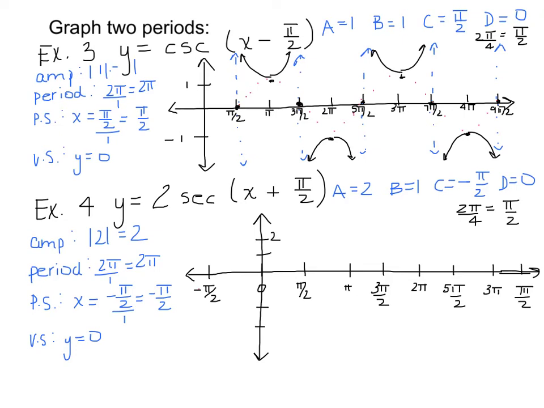2 is my max, negative 2 is my min. So remember, this is cosine. And then you draw your vertical asymptotes, because that's where secant is undefined.